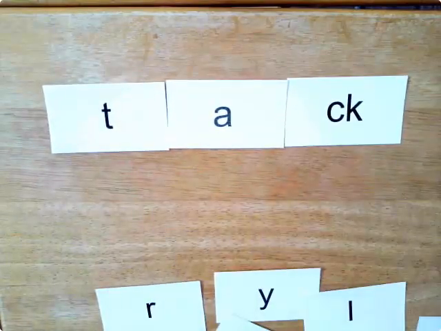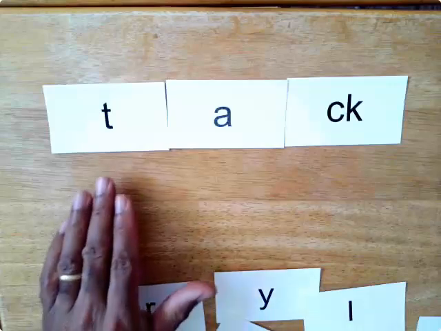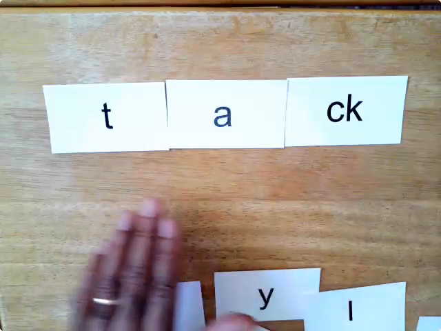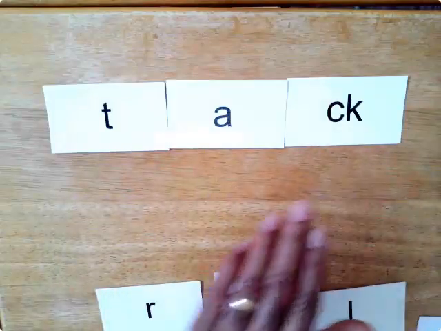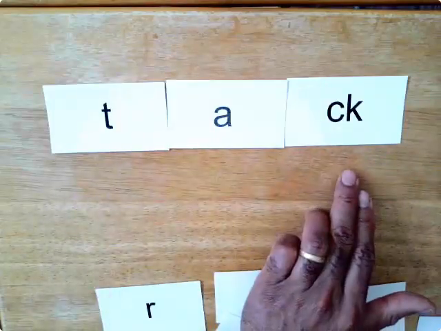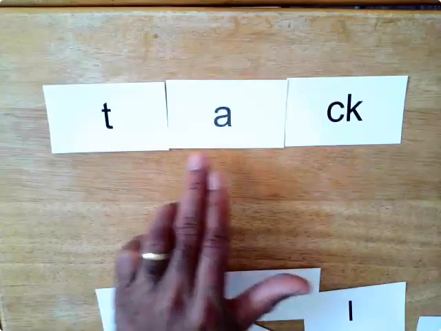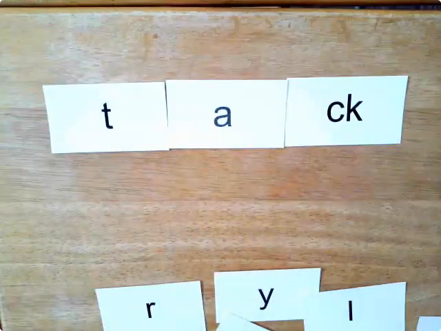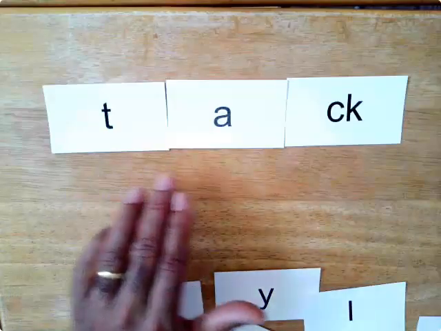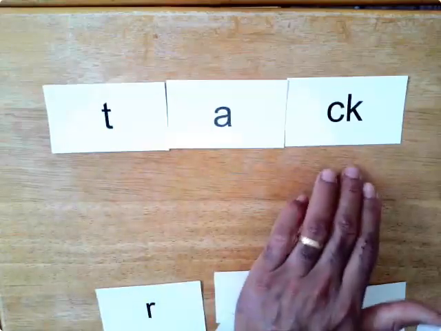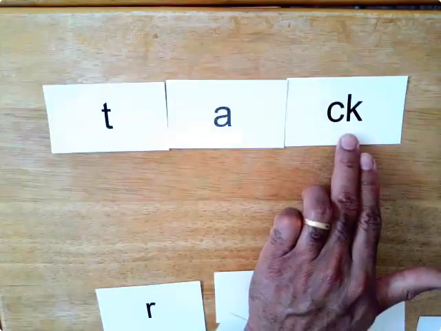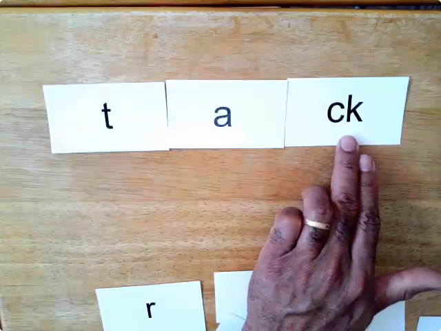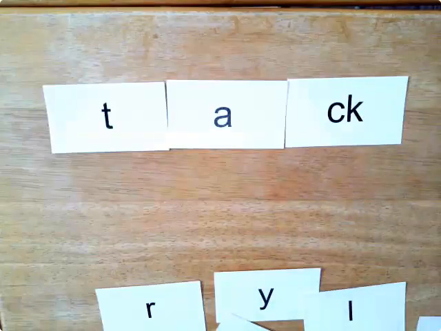Now I have this word and it only has these letters, T-A and C-K. I have 4 letters now. Do you see that? T-A-C-K. But I only have 3 sounds. T-ack, tack. Because this letter combination, this blend, actually stands for one sound.